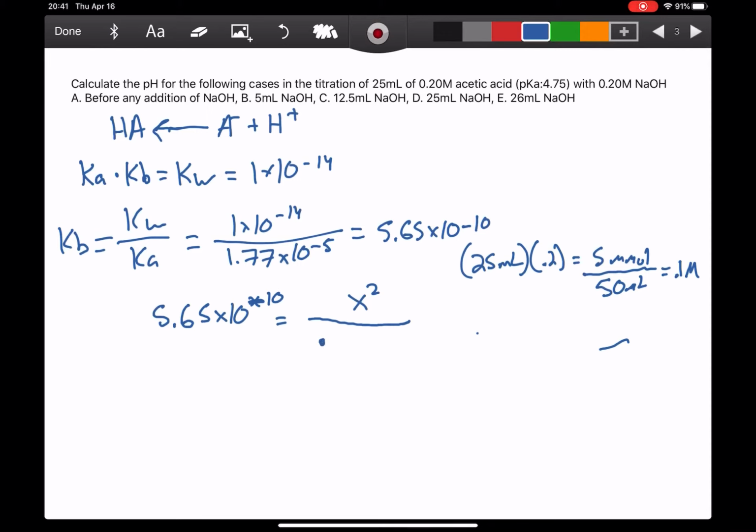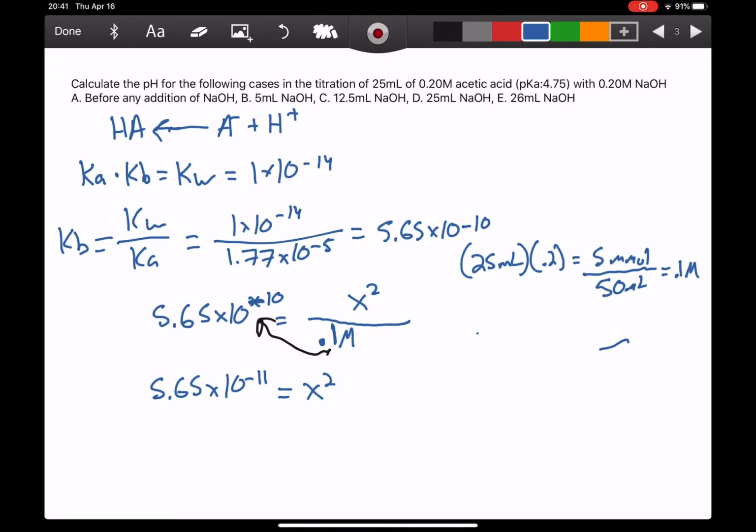So our bottom here is going to be 0.1 molar minus x, but because Kb is really, really small in this case, we're able to ignore this minus x. So we're just going to follow the steps we did in part A. We're going to multiply this out, and multiplying any number by 0.1 is the same as dividing it by 10, so this would be 5.65 times 10 to the negative 11th is equal to x squared.